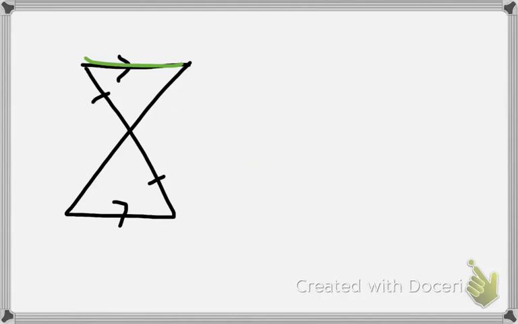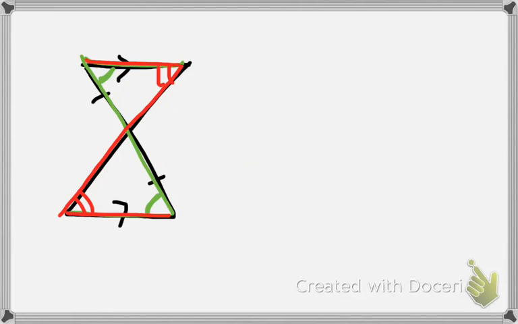If these two lines are parallel to each other, and I use this as my transversal, I have alternate interior angles that are equal. And again, if those lines are parallel, and I use the other line as my transversal, I get these alternate interior angles that have to be equal.